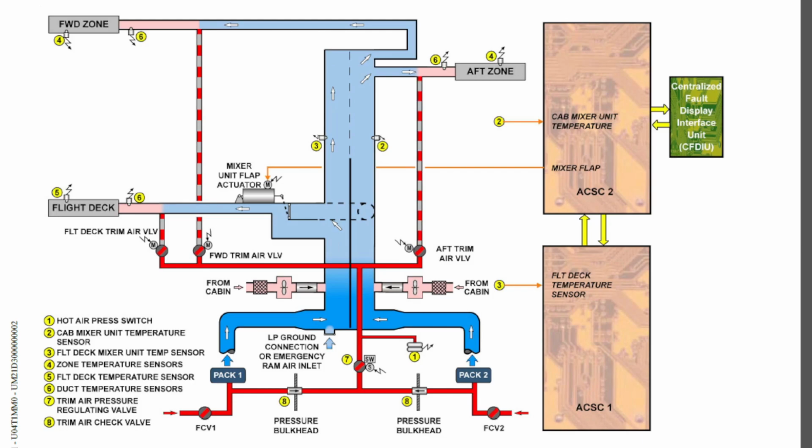These are replaceable filters. From time to time you have to replace them, and normally these are HEPA filters. That is to ensure that unwanted material or viruses will not go into the mixer unit itself. So to prevent those unwanted things from entering the recirculation fan and the mixer unit, you have these filters.